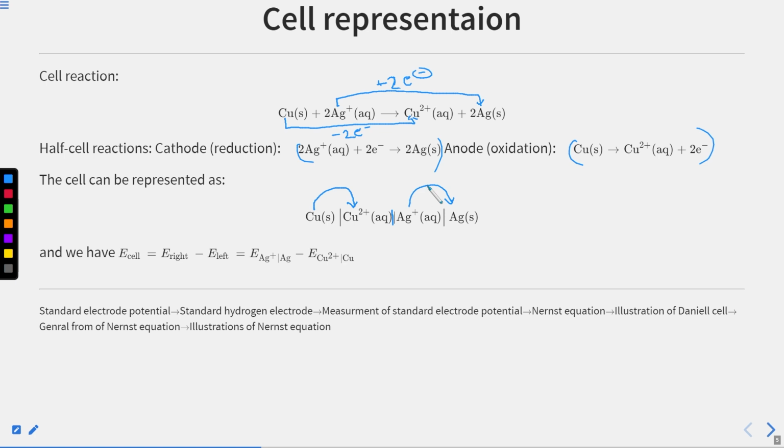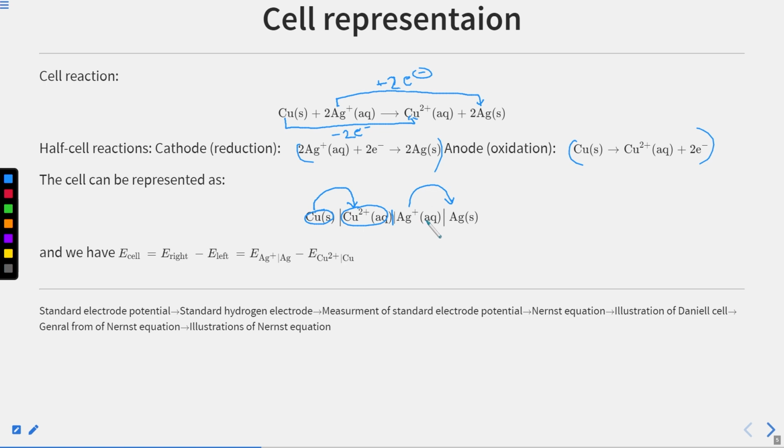But suppose both of the electrodes are submerged in the same compartment, then in that case we will have only 1 bar. Now I have told you earlier, what is this 1 bar representing? This 1 bar is representing that this is in solid phase and this is in aqueous phase. So it is a kind of phase boundary we are giving between solid and aqueous.